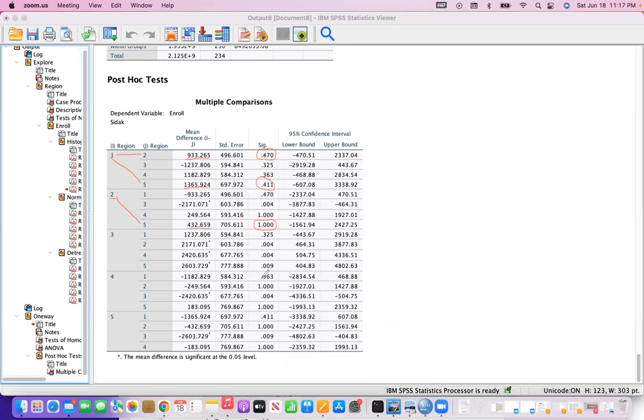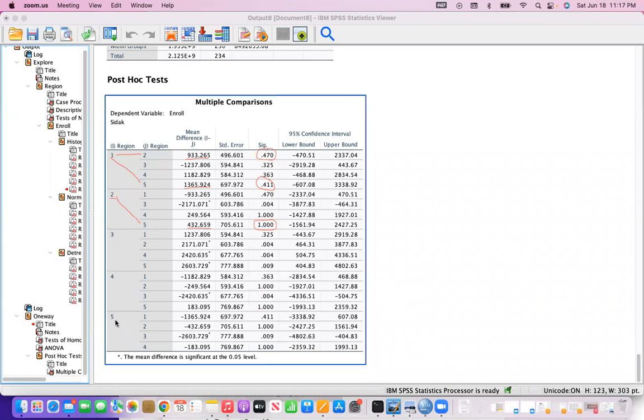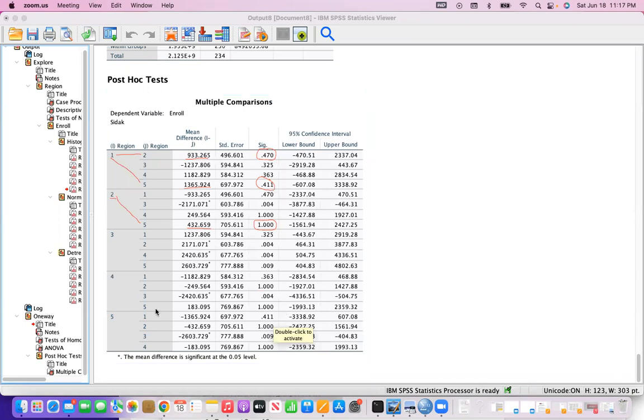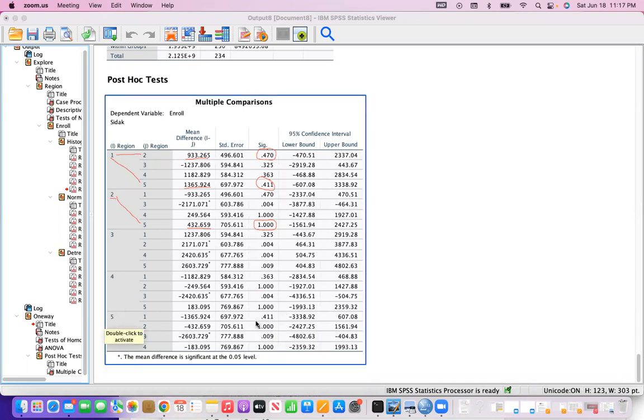It's 432. Now, if you want to go on down and actually compare those in another spot, you can see that the numbers are actually the same. Looking at region 5 versus 1, we see 0.411, which was the same as it was up here. Region 5 versus 2, we see that the value is 1.00, which is the same as here.